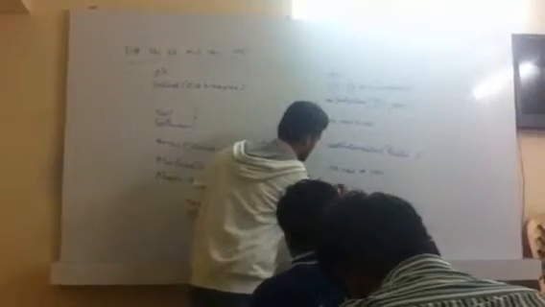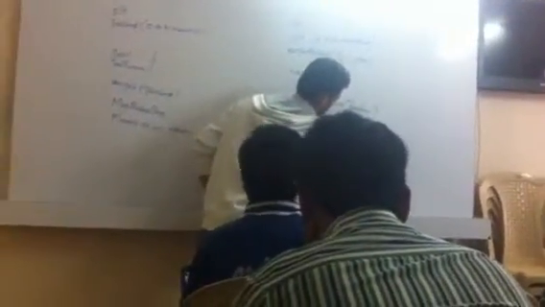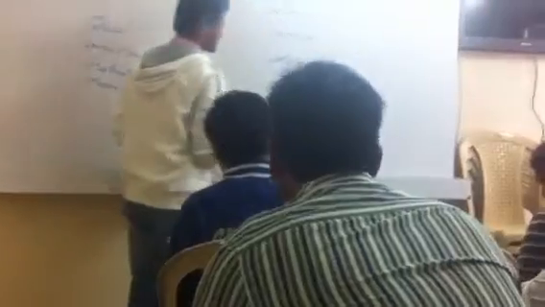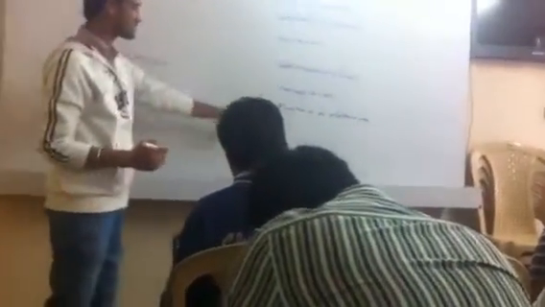Whereas here, Mapper is an abstract class. Where is this abstract class available? In org.apache.hadoop.mapreduce, but not mapred. Here it is mapred, here it is mapreduce.